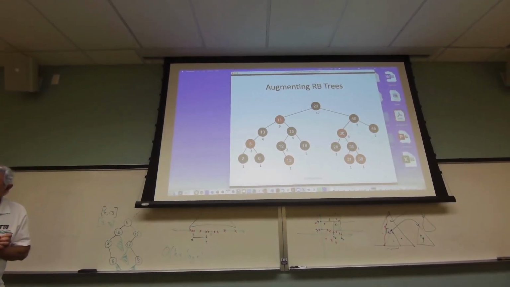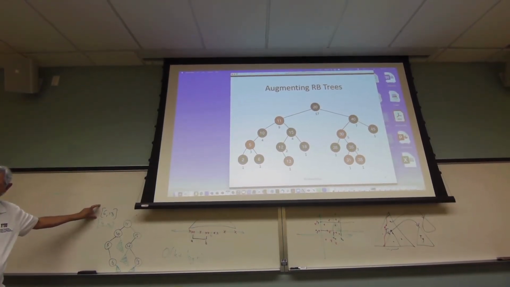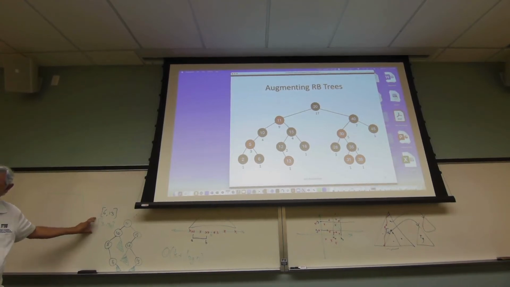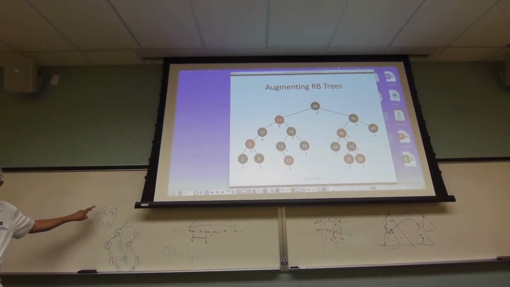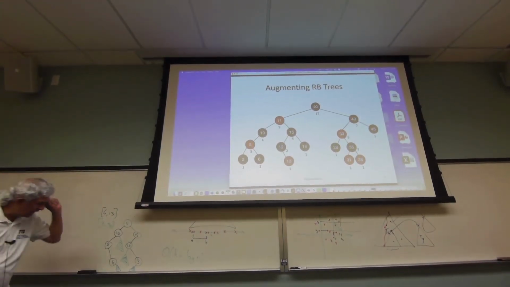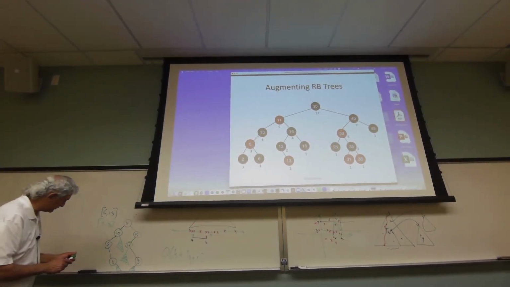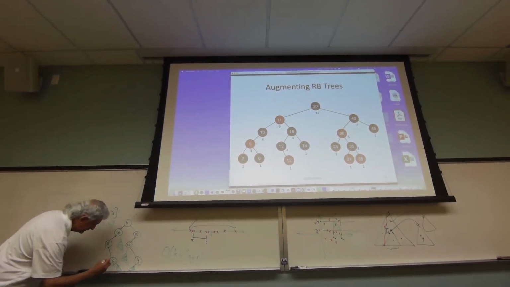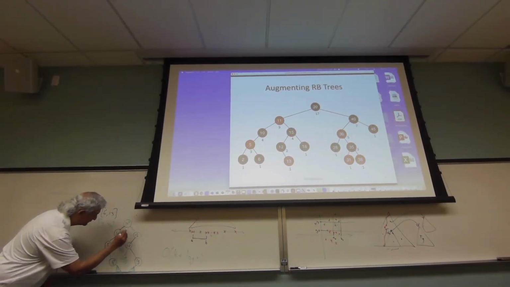Is that clear? So now I want to know how many are both in the 6, 13 range for X values and this range for Y values. So I'm focusing on this first, but when I focus on this, I get a bunch of subtrees plus a bunch of nodes. So I'm going to need this node, I'm going to need this node, I'm going to need this node.